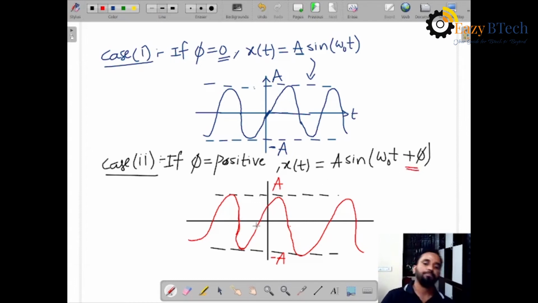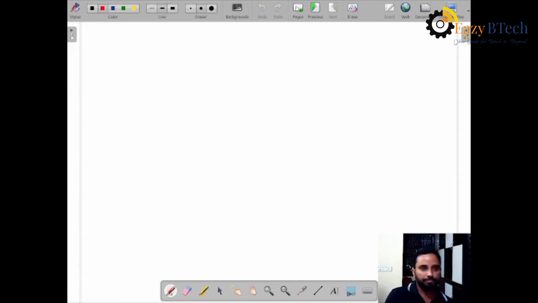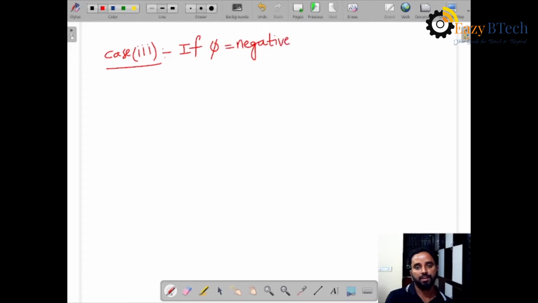Now case 3, negative phase. Case 3 is phi is negative. If phase is negative, how is the sinusoidal waveform or sinusoidal function?